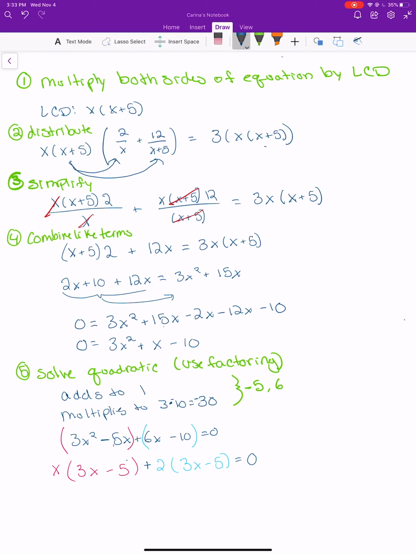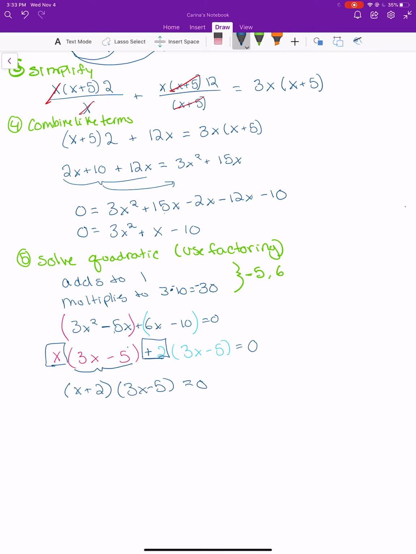So now, remember, factor by grouping. What this tells us is that this here is one factored term, and then what's in boxes is the other term. So we actually have x plus 2 times 3x minus 5, that's equal to 0. From there, we make two equations, right?